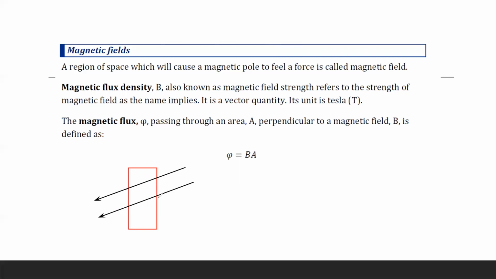If the angle with the x-axis is given, the component along the angle will be b cos theta, and against the angle will be b sin theta. In this case, if we need the flux, area is given. So how to get the magnetic flux? We always take the perpendicular component to the surface. Perpendicular to the surface is b cos theta in this example. So b cos theta into A.